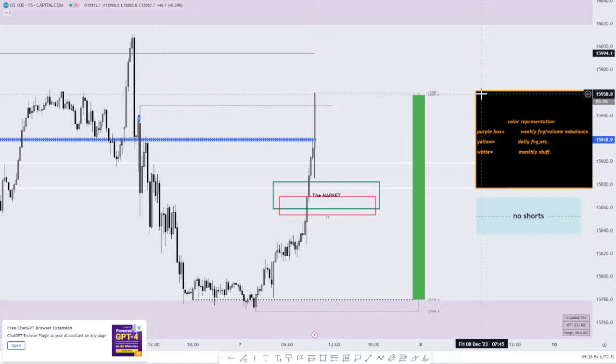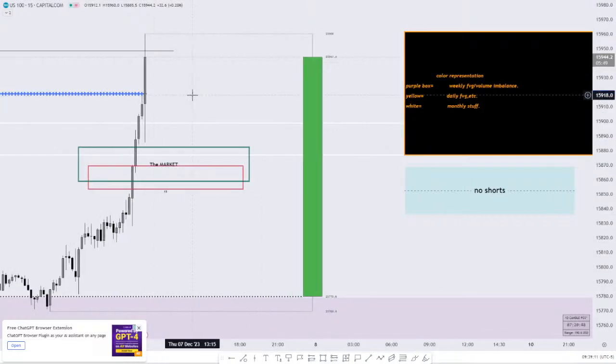We are above the previous day's opening range consequent encroachment, which was filled, but we came back down. In any sense, no shorts. When I say no shorts, that doesn't mean go ahead and buy. That means make a good case for longs, or else sit on your hands and do nothing.